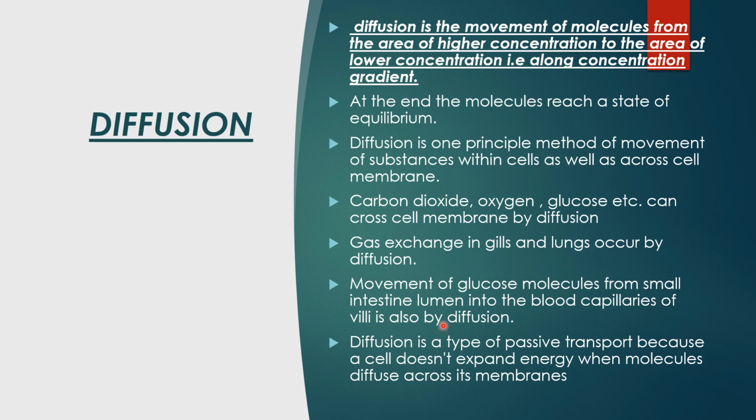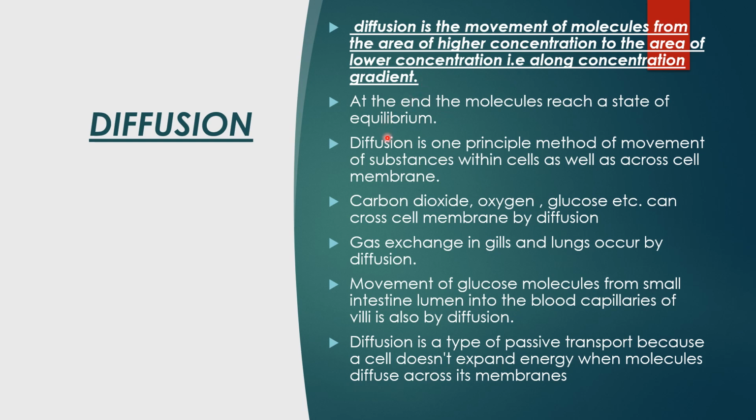The first process by which the materials can move is diffusion. Diffusion is the movement of molecules from the area of higher concentration to the area of lower concentration, that is, along the concentration gradient. Concentration gradient means from higher concentration to lower concentration.